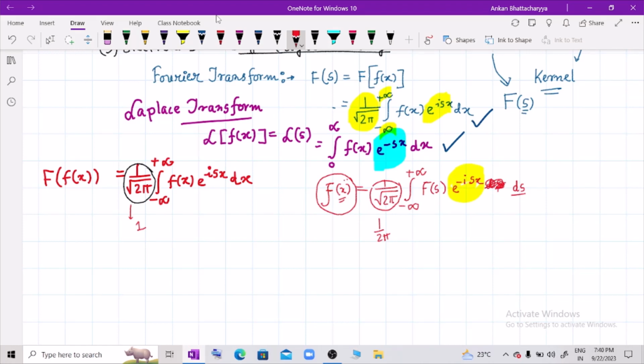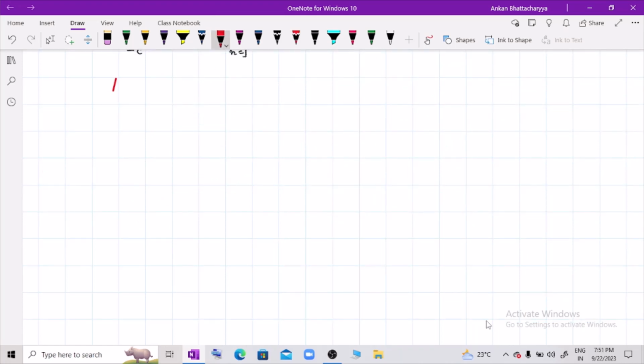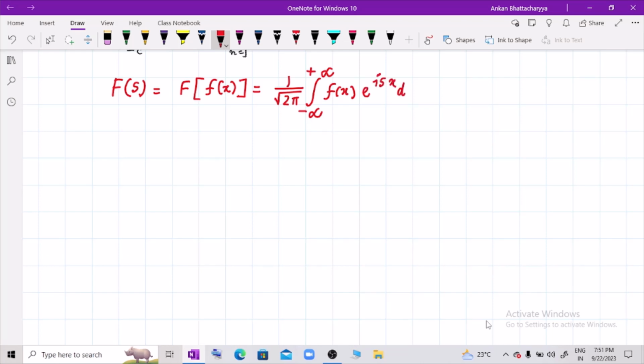So the Fourier transform of a function can be written as f(s) is nothing but 1 by square root 2 pi, integral from minus infinity to infinity f(x) e to the power isx dx.